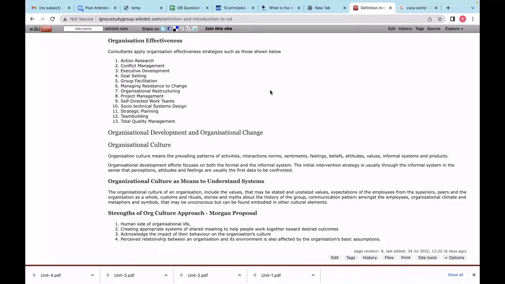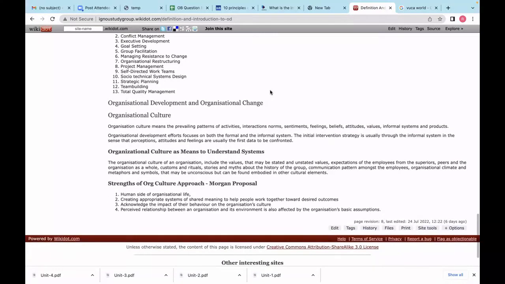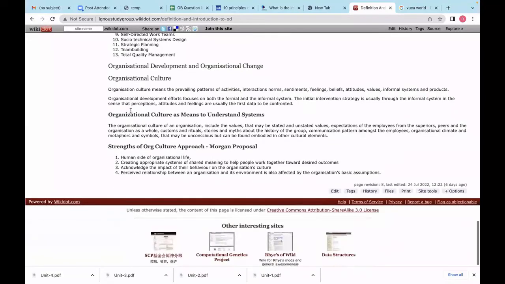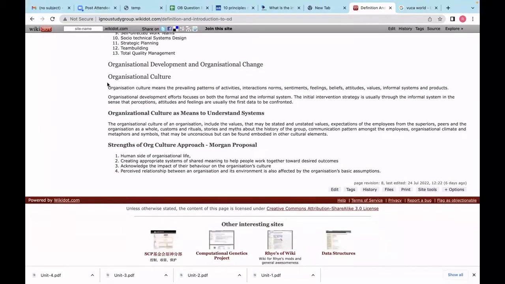So the last topic, as far as this unit is concerned, is organizational culture. We talked about how important culture is, right? This is again emphasizing the same aspect. And what is culture? Culture is nothing but the norms, sentiments, feelings, beliefs, attitudes, etc. So culture forms the very basis for organization development.